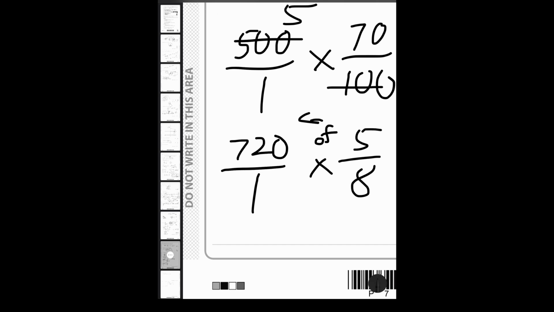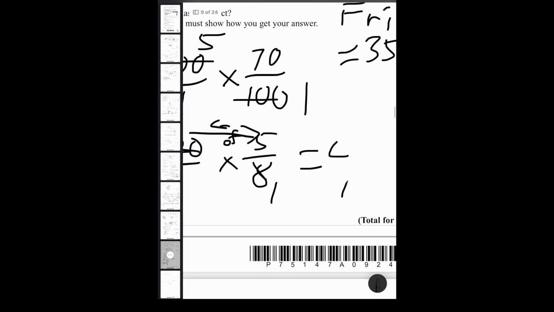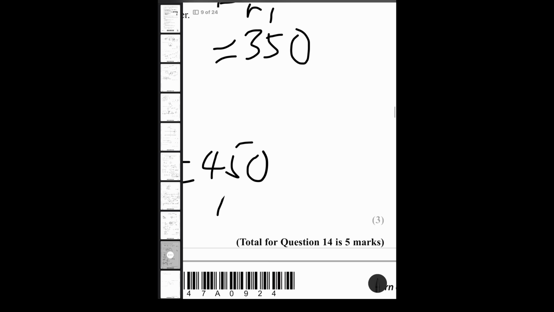And so 8 goes into 720 with 90. So that means it's 90 times 5. 9 times 5 is 45. That means there's 450. That means there's more people on Saturday. Was he correct? Nope. He is wrong.